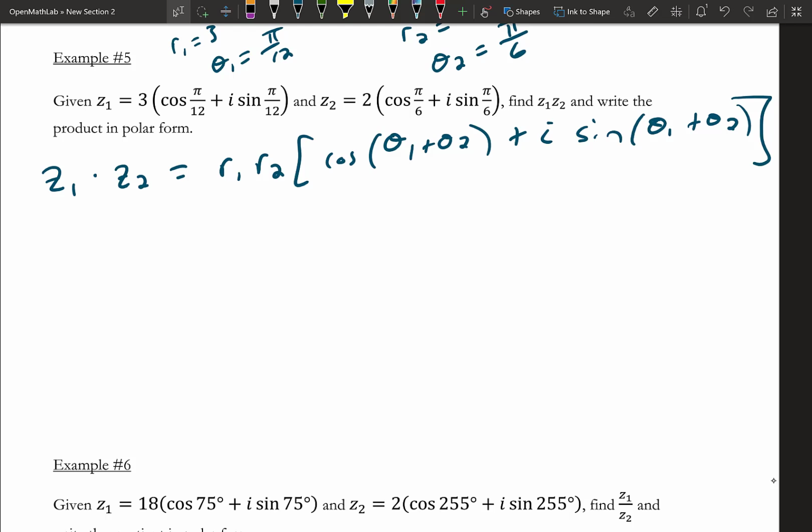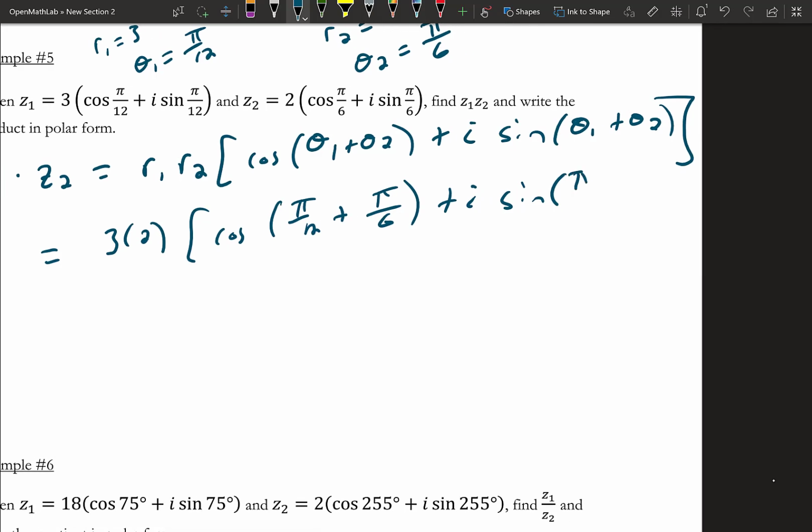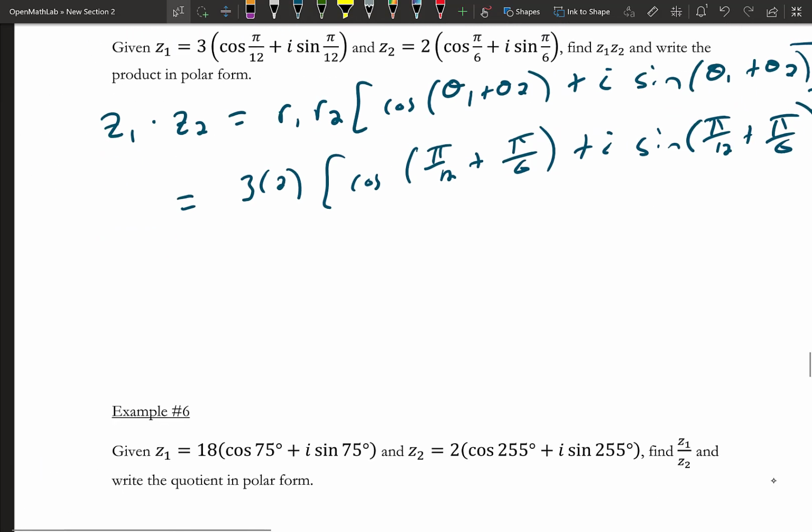So if we just plug these values in, we would have 3 times 2 times cosine of pi over 12 plus pi over 6 plus i sine of pi over 12 plus pi over 6. We might just come off to the side: pi over 12 plus 2 pi over 12 would be 3 pi over 12, which reduces down to pi over 4.